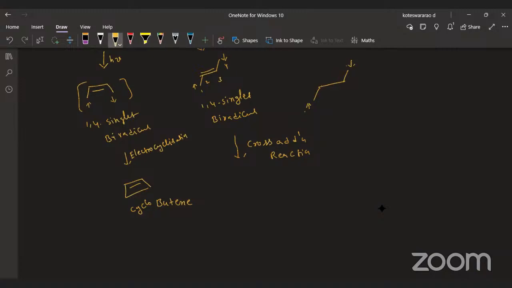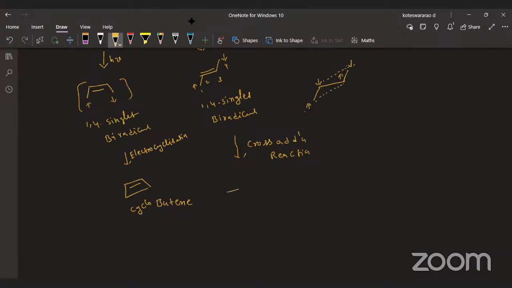That is the reversible case. Suppose the condition is not reversible. In such a case, what happens? This is a 1,4 biradical. These two electrons are combined together, they produce a sigma bond. These two electrons are combined together, they produce the bond.